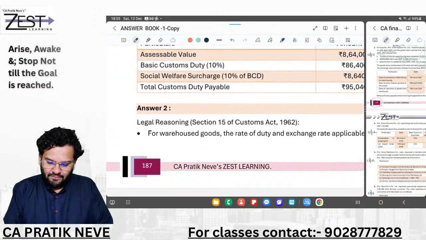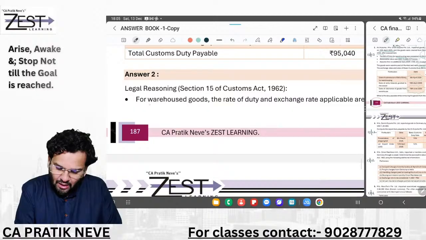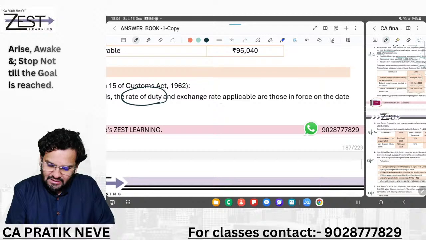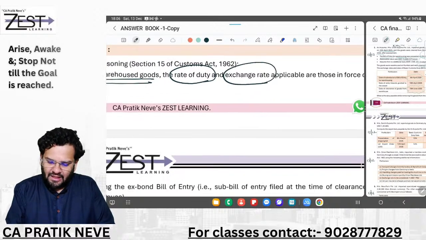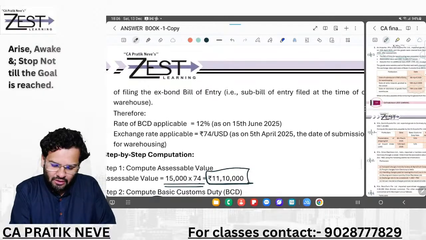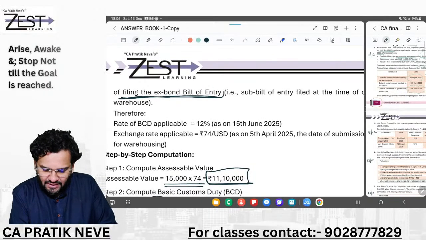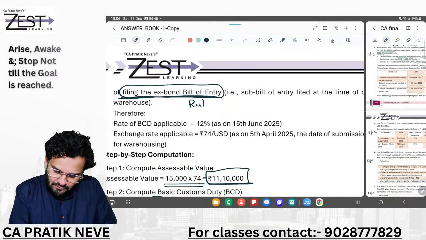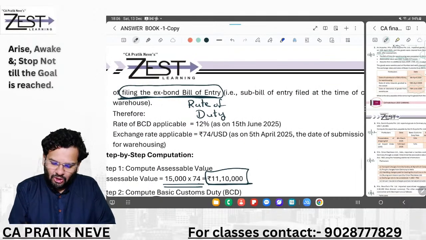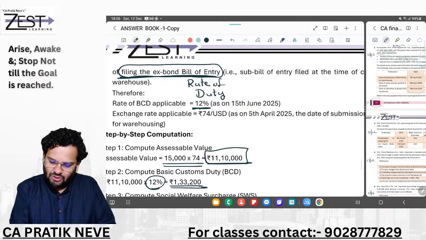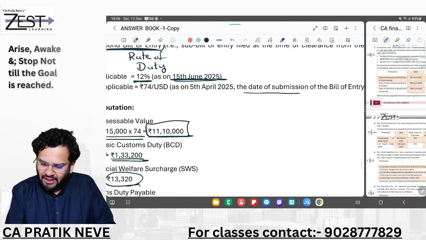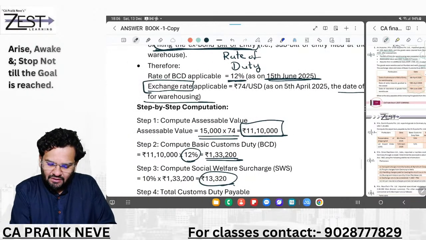So see, for warehoused goods, the rate of duty and exchange rate applicable are those in force as on filing the ex-bond bill of entry. So the ex-bond bill of entry is for the rate of duty. Okay, so the rate of duty is 12% as on 15 June, and the exchange rate applicable is on the date of submission of the bill of entry for warehousing.